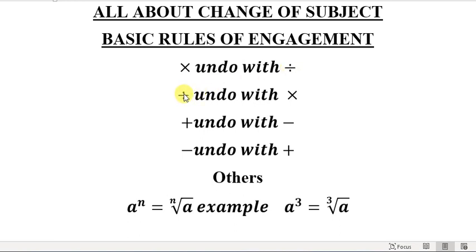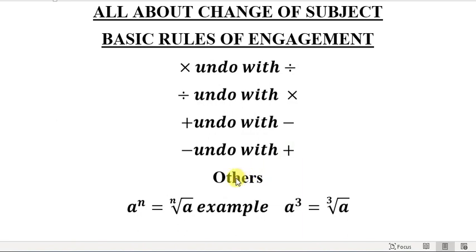Whereas the reverse is true, that is, if the variable is involved in a division operation, we make use of a multiplication operation. Now, if the variable is involved in an addition operation, we make use of the additive inverse. Now, the same applies when it is involved in subtraction. We undo it with that of addition.